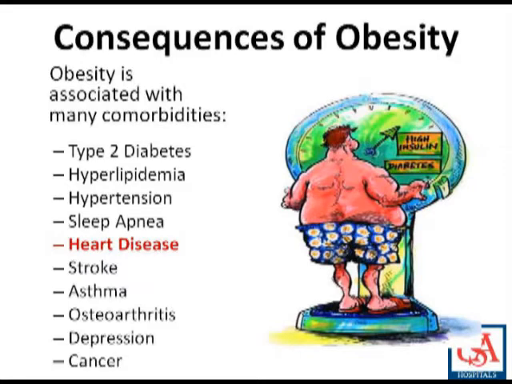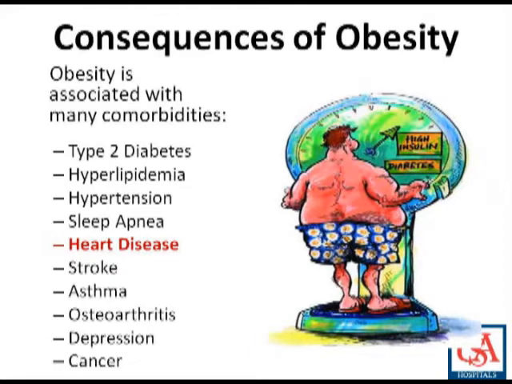That means that the insulin your body makes doesn't work to bring down the blood sugar. And that failure to bring down the blood sugar makes your blood sugar go up, and then you develop diabetes.